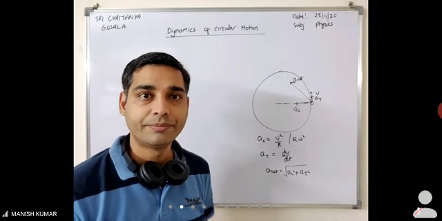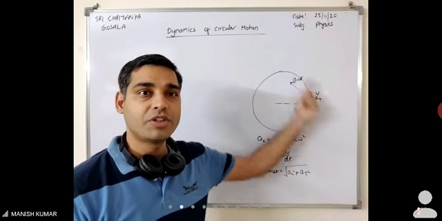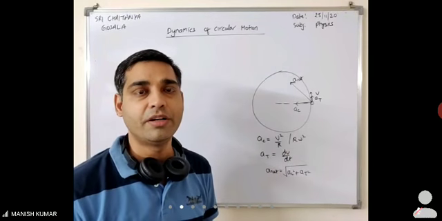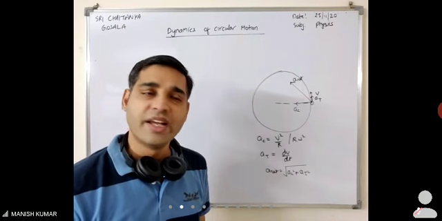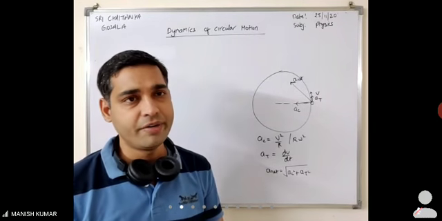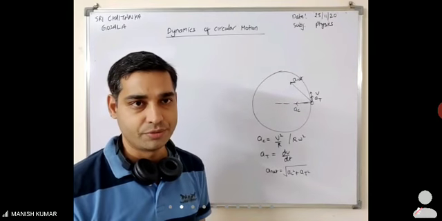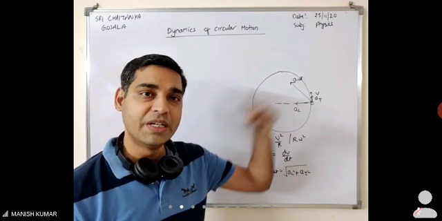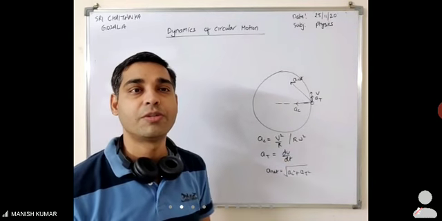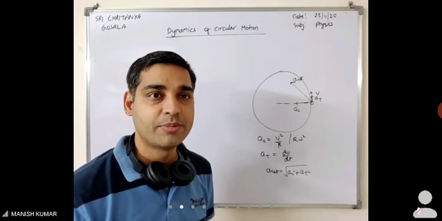The force responsible for the rotation of this body is called centripetal force, which provides the centripetal acceleration. Centripetal force could be anything: gravitation, tension, electrostatic, or spring force. But if the body is revolving in a circle, there must be a force towards the center which provides the centripetal acceleration. Do we understand this point?